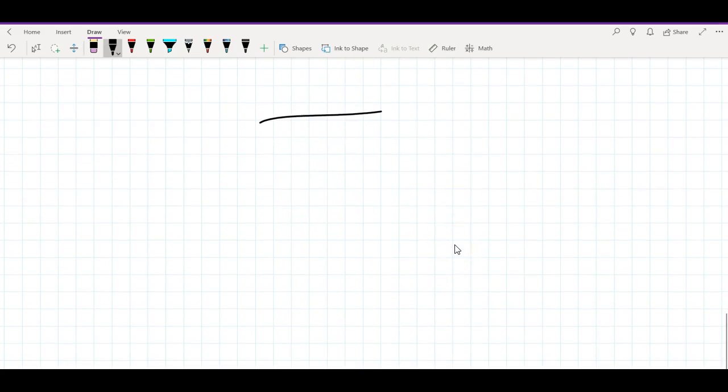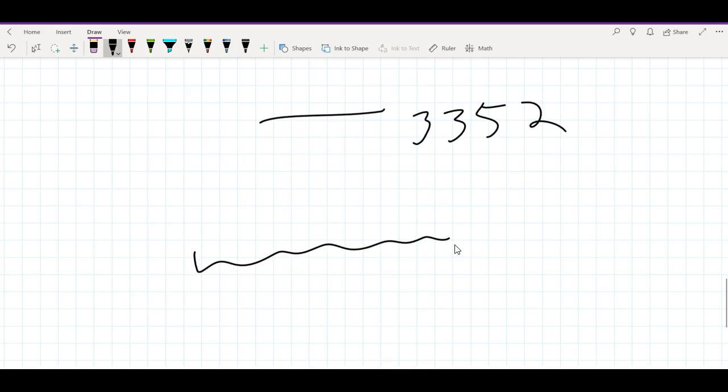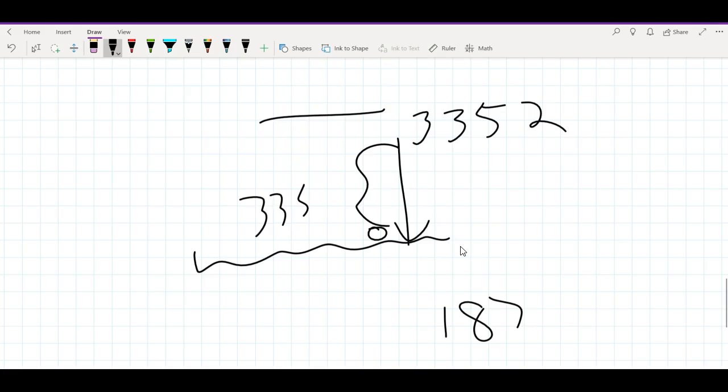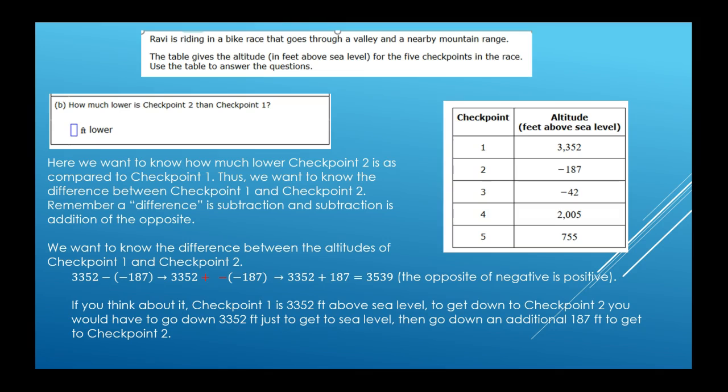So if we're way up here, 3,352, and this is sea level, well then we have to go down to 0. So that's automatically 3,352 feet. Then we have to go down the 187 more feet to give us the grand total of 3,539 feet.